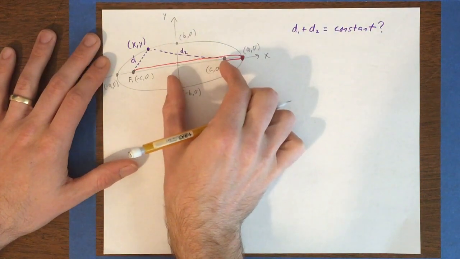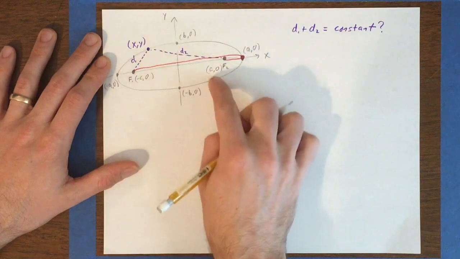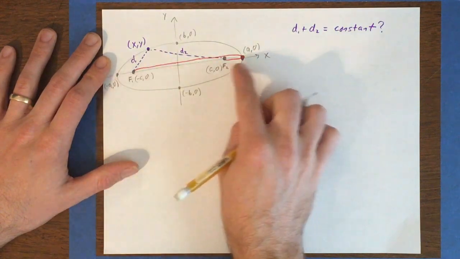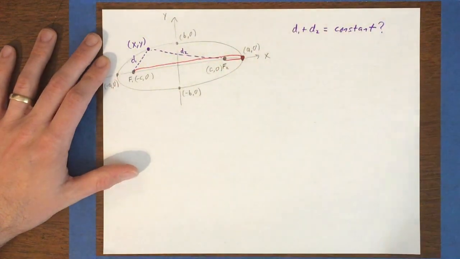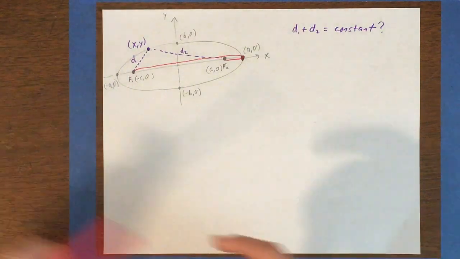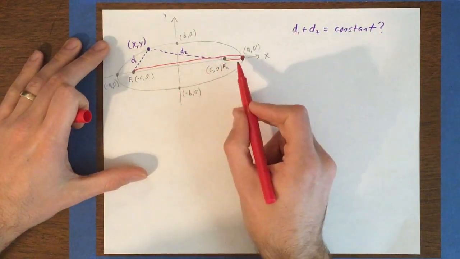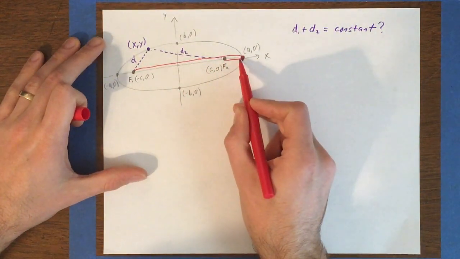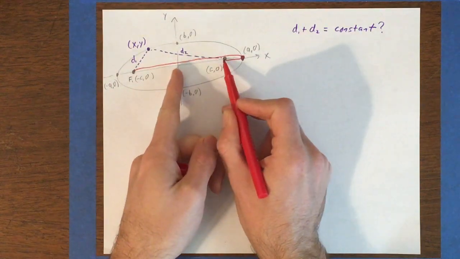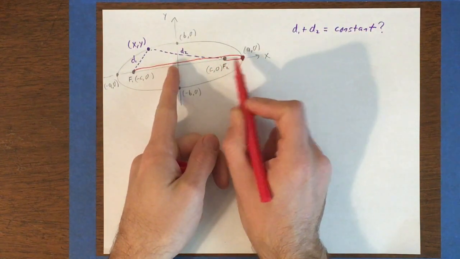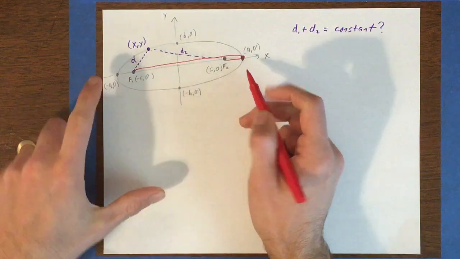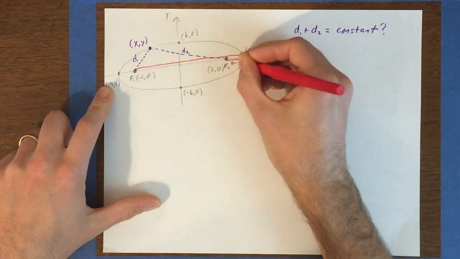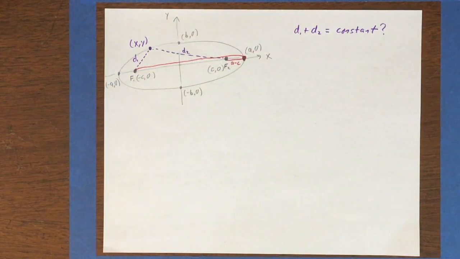And so now what we're going to do is, with the a, the b, and the c, we're going to try to figure out what that constant equals. So first of all, this little short distance here is basically the a distance minus the c. If you take a and then subtract c, then you get what's left over. So that is going to be a minus c. I'll label that.